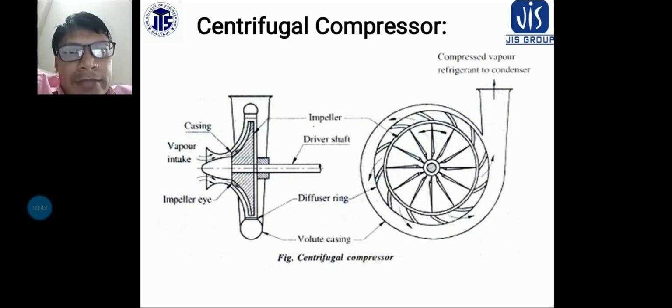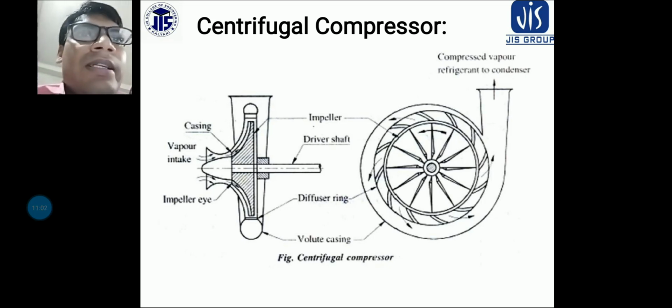And the seventh advantage is that, as compared to the reciprocating compressor, the large size centrifugal compressor requires less floor area.